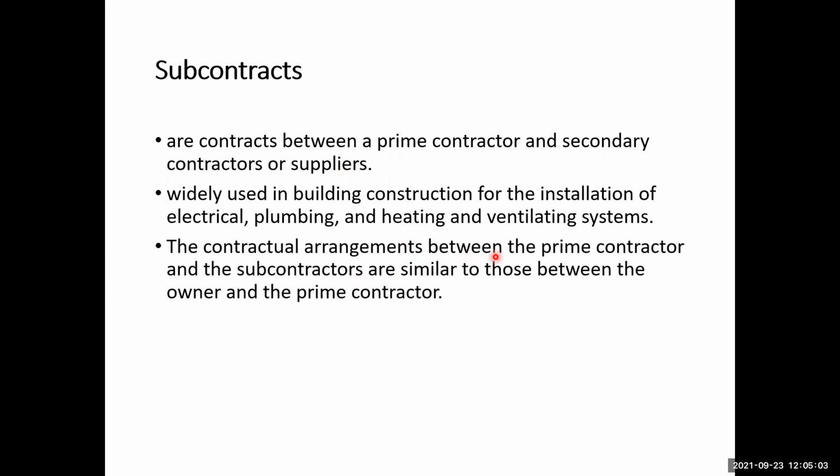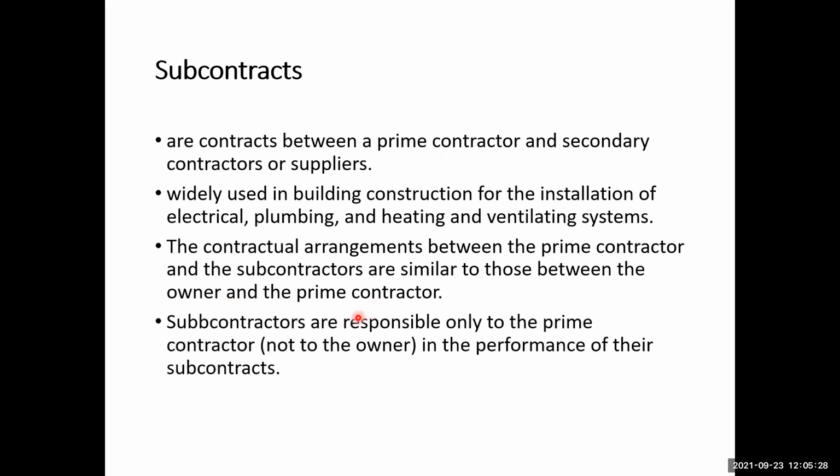The contractual arrangement between the prime contractor and the subcontractors is similar to that between the owner and the prime contractor. So the main contract in the construction project is between the owner and the contractor. So the arrangements are almost similar between the prime contractor and the subcontractor as those between the owner and the prime contractor.